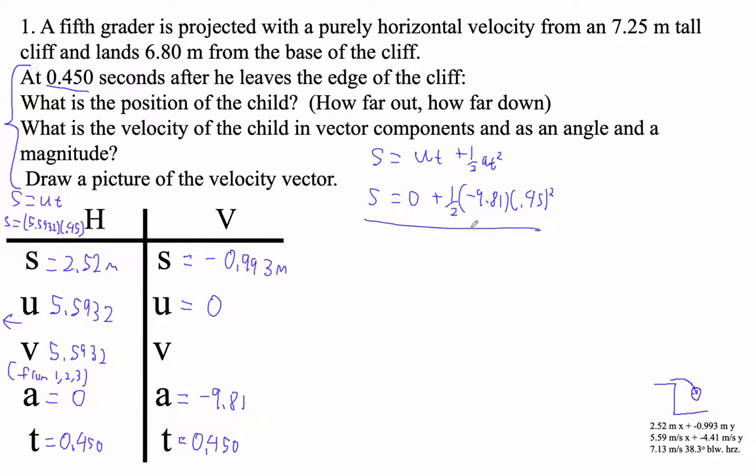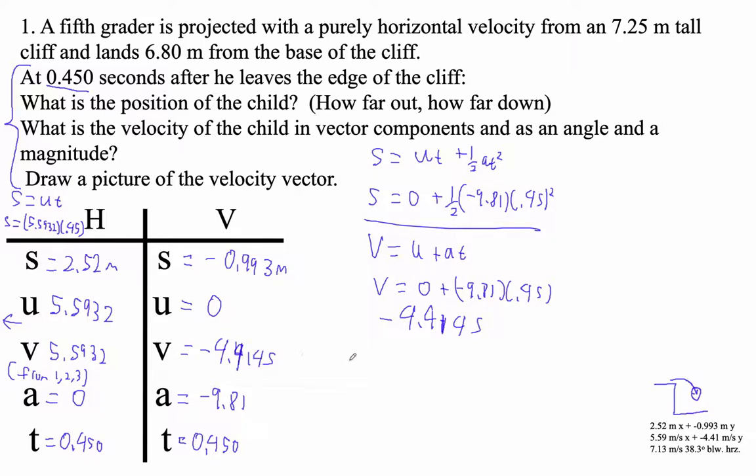To find the final velocity, I'm going to use V as U plus AT. So V is 0 plus negative 9.81 times 0.45, which is negative 4.145. That's a 4 for those people that think it's a 9.